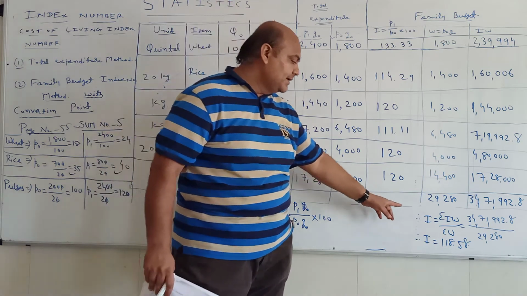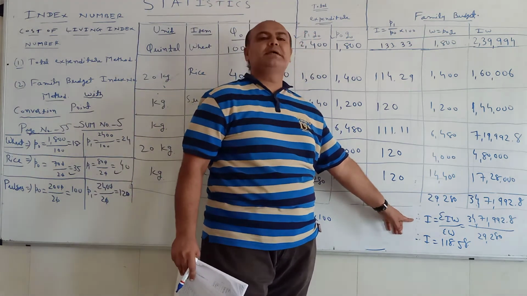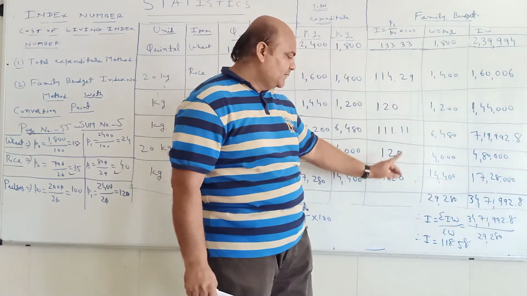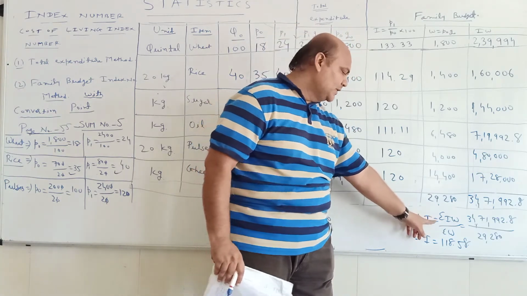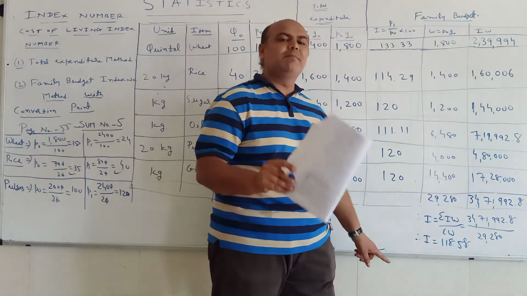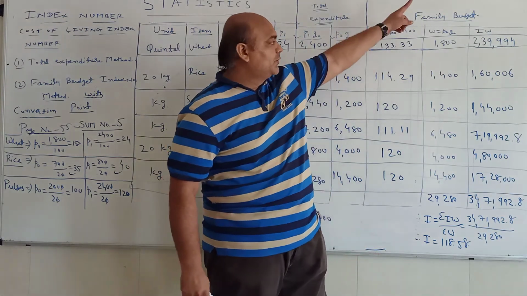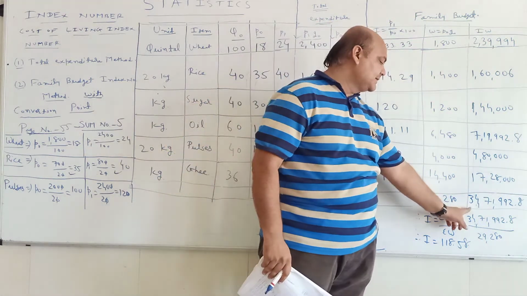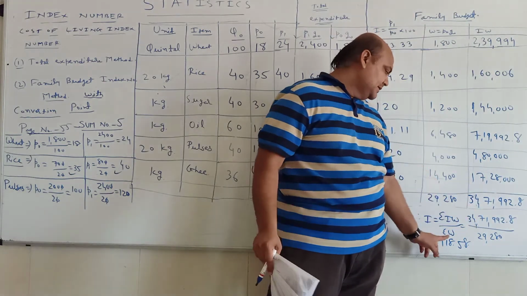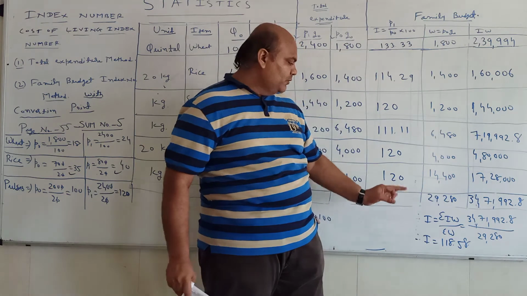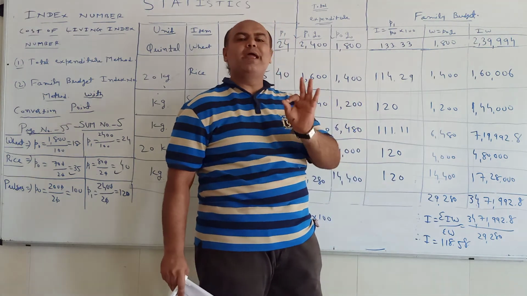Here I explain the calculation of the family budget index number. The formula is I equals sigma IW upon sigma W. The total of the IW column is 34,71,992.8 divided by sigma W, that is 29,280.